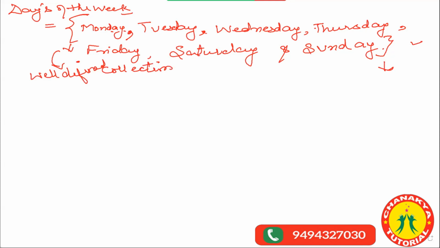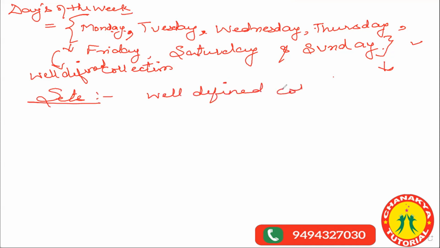So this is the well-defined collection of elements. Okay. And how will you define these sets? Well-defined collection of objects. Right?